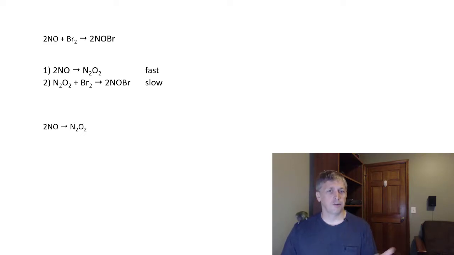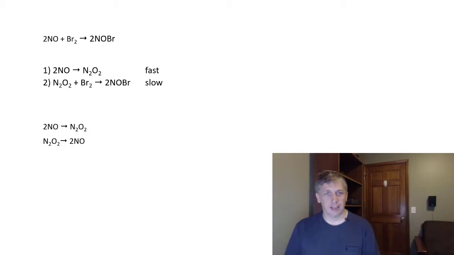So that conversion of NO to N2O2, that step is faster than step 2. So that means that intermediate is being made faster than the second step can use it. So what should happen is that intermediate is going to start to be built up, and it's eventually going to be built up to the point where it's going to start to react in reverse.